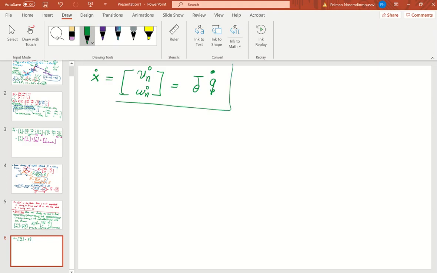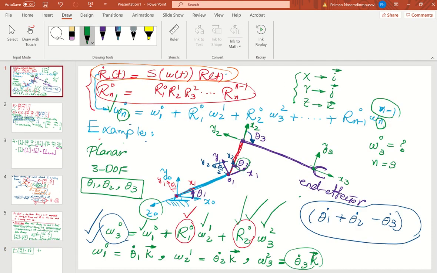This is the general statement that we want to approach the Jacobian matrix.